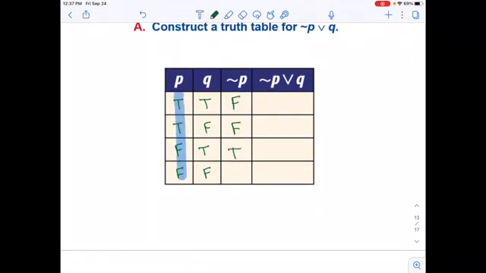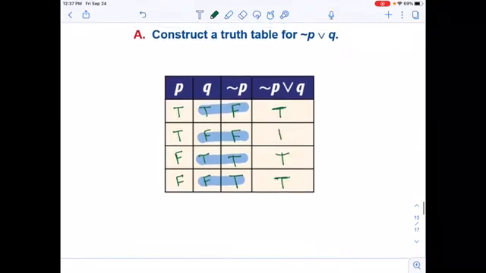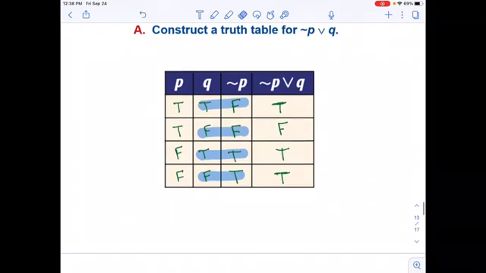False, false, true, true. And then to do not P or Q, I just look at the not P and the Q columns and see when one or two of them are true. If both are false, that is my false disjunction. That's my false compound statement. And I finished my truth table.